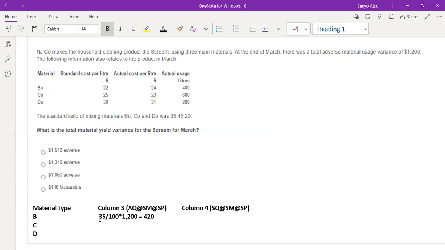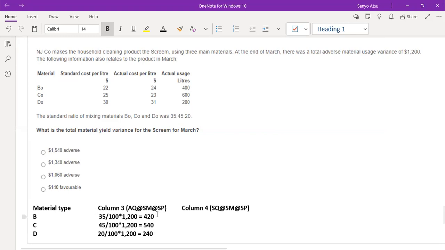The C should take 45 over 100 in the mix of the 1,002 actual use. The D should take 20 out of 100 times the 1,002 actually used. So that's how the 1,002 is spread. We call this actual quantity at standard mix.